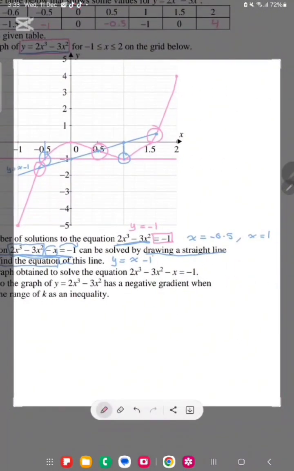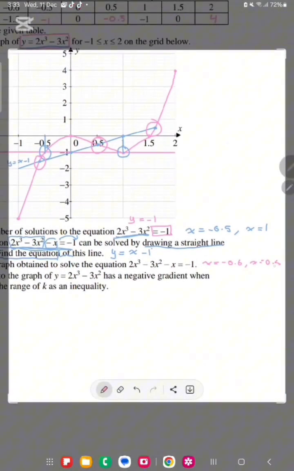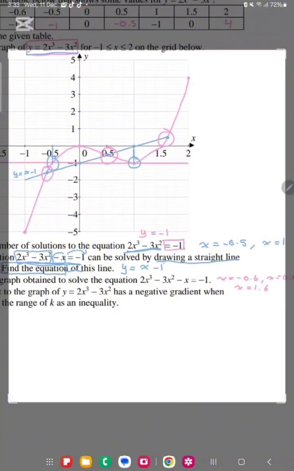So that's x equal to negative 0.6, x equal to 0.5, and x equals 1.6.